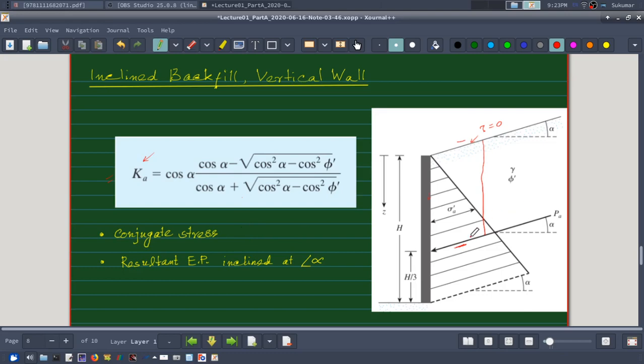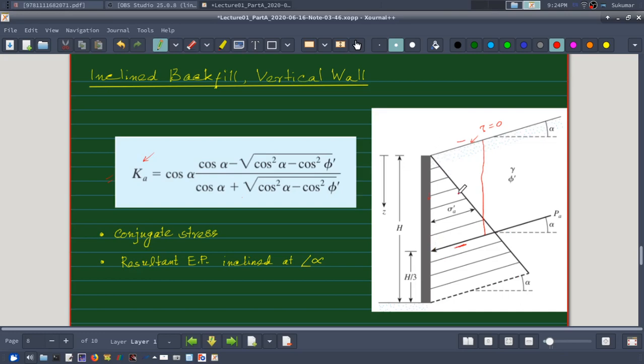And the resultant earth pressure will be equal to the total area of this earth pressure diagram, passing through this point, and it will be inclined at an angle alpha, the total earth pressure.